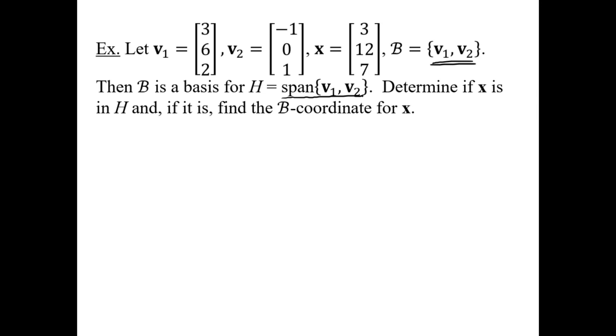Fortunately, it's only two vectors, so we can just look at them and say, no, one of them is not a multiple of the other. That's good enough. But it is worth mentioning that if I just take any two vectors and find the span of those two vectors, they don't necessarily form a basis. Remember, they have to be independent vectors. But if there's only two vectors, independence is the same as just saying that one of them is not a multiple of the other.